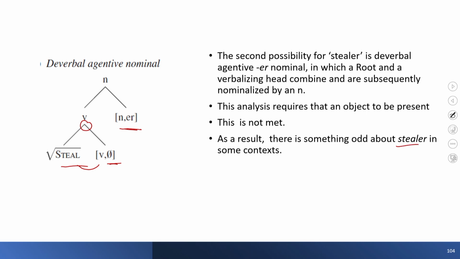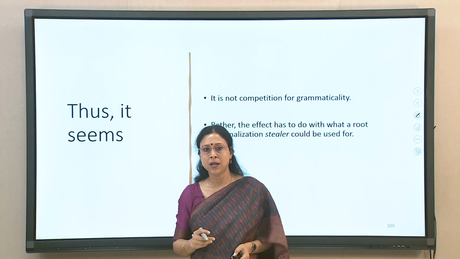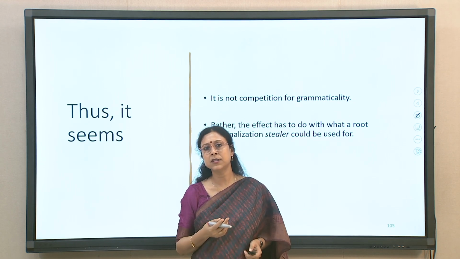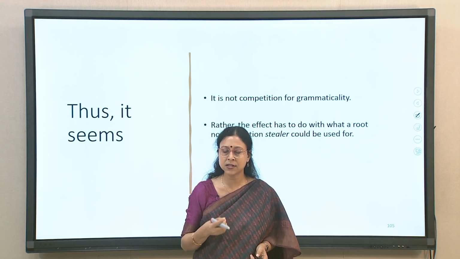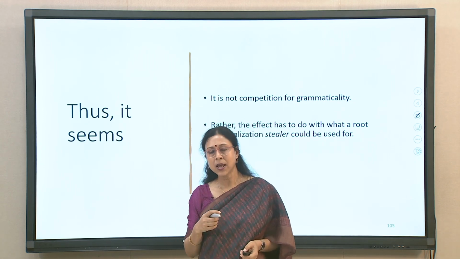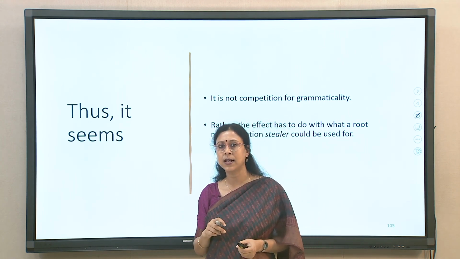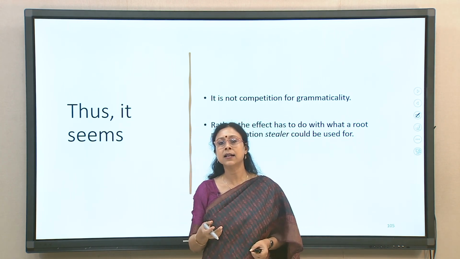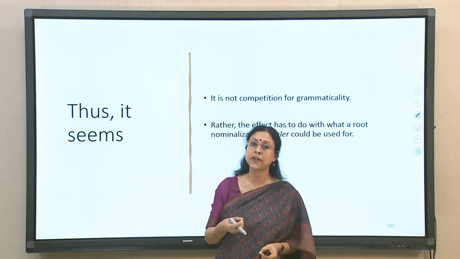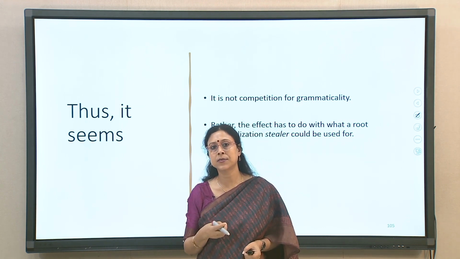That is why it is not used. So, basically what distributed morphology talks about is that by looking at the structure, and the process underlying the arrival at those structures, we can explain why certain forms are not used.